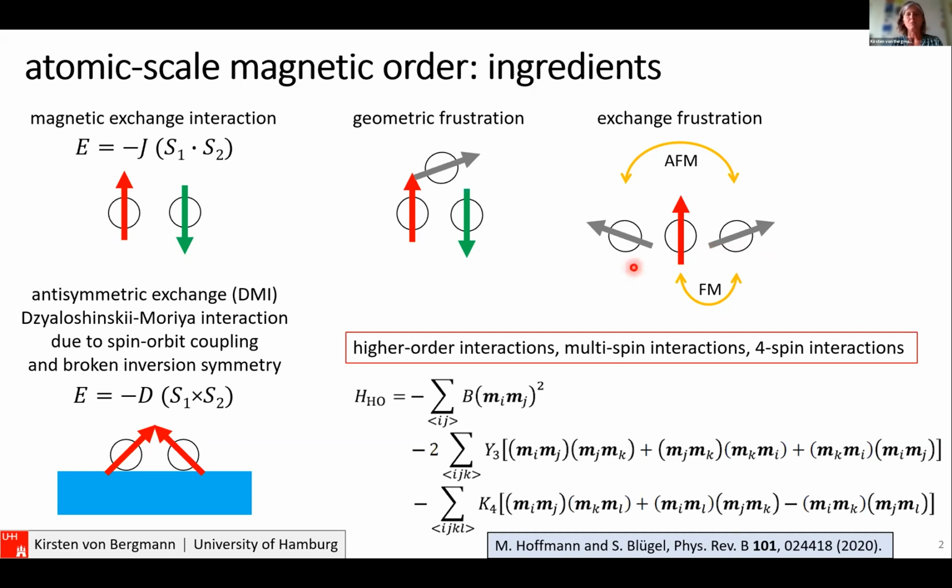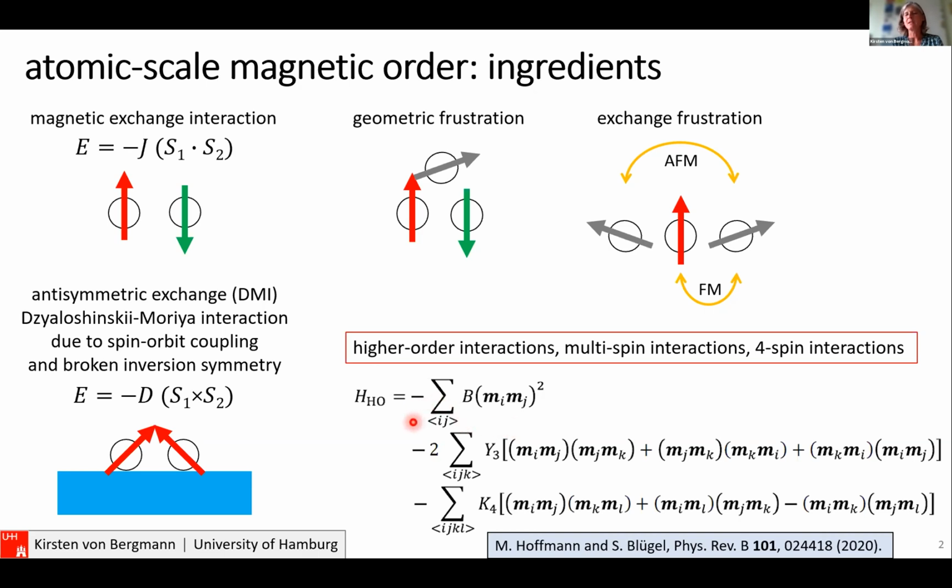They are either called higher order interactions or multi-spin interactions, and in particular, we're looking at 4-spin interactions where the exchange is mediated by a hopping between 4 spins. So it's not just a pairwise exchange like the isotropic Heisenberg exchange, but it's the next highest order of the exchange interaction.